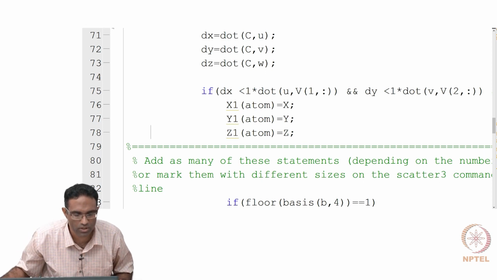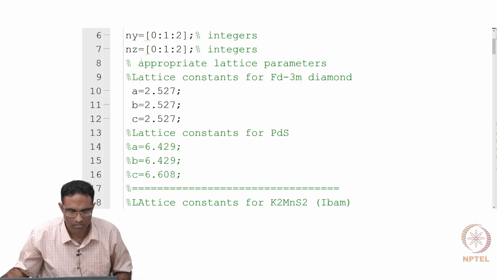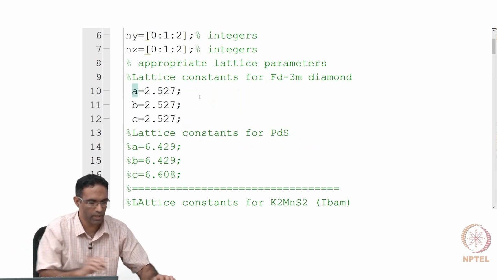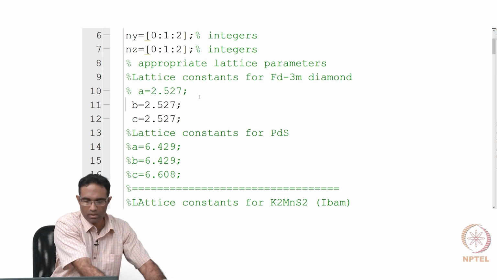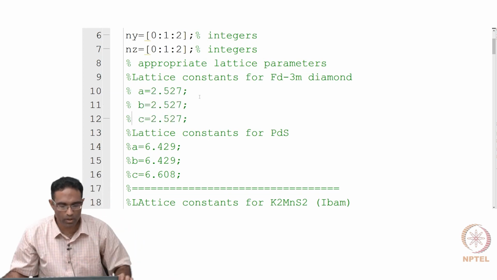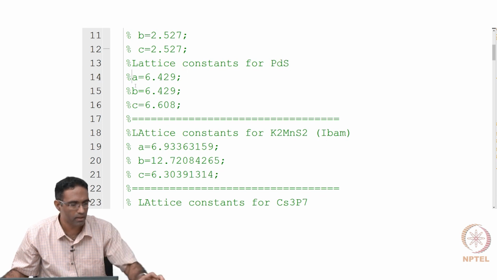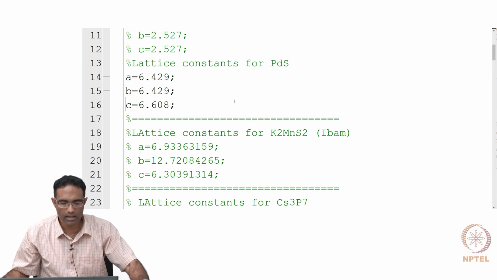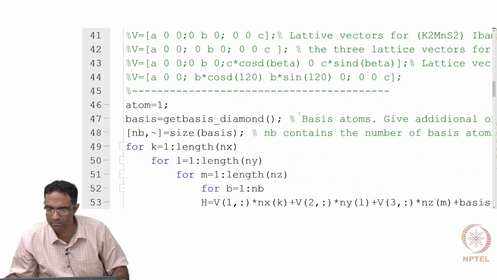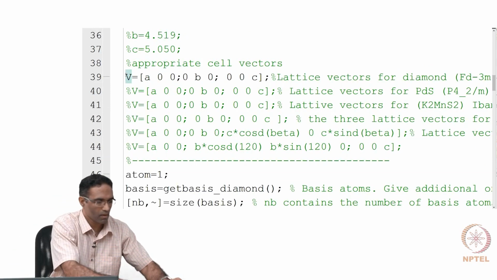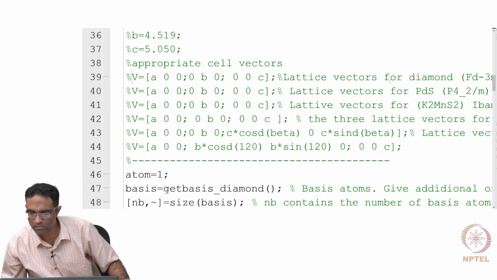So let us go to the next structure that we want to create. I want to create PdS, palladium sulfide as we call it, and it has the space group P4_2/m.